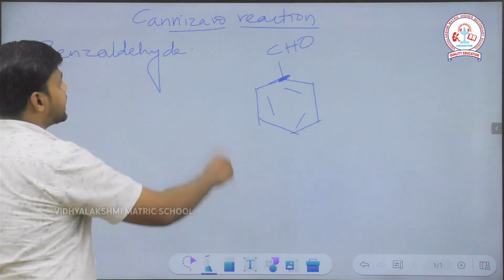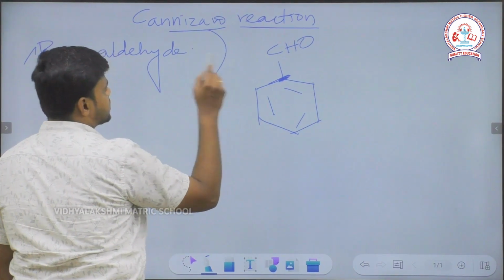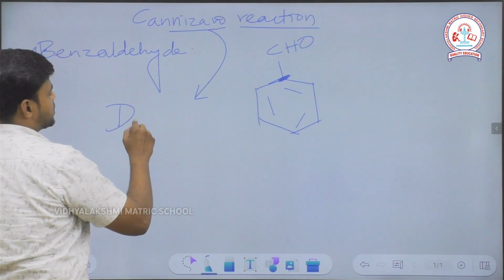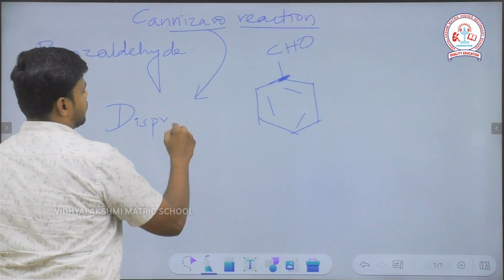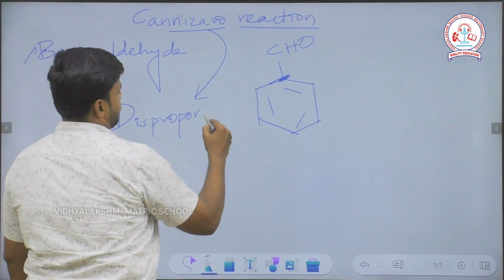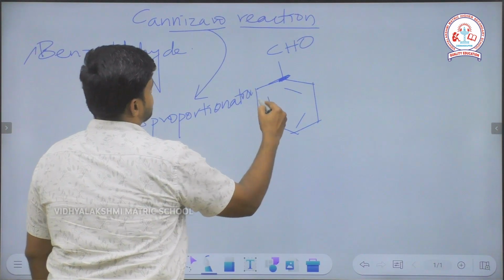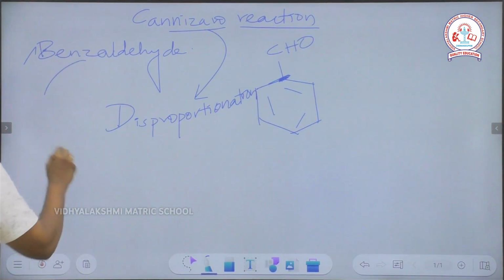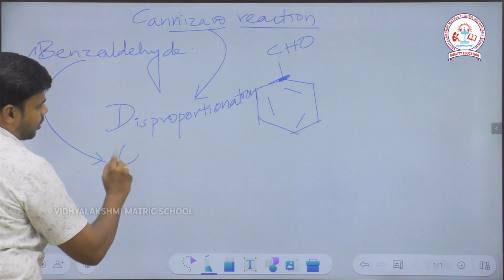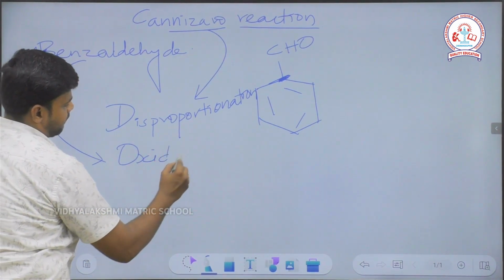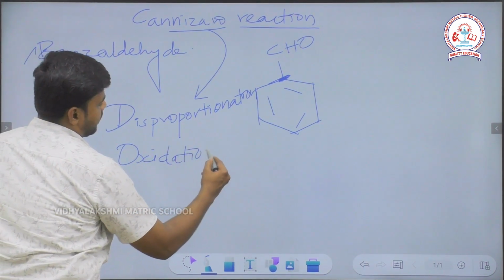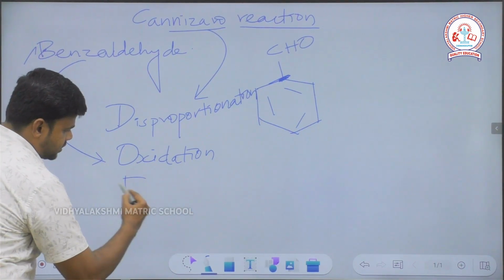Secondly, the Cannizzaro reaction is an example of a disproportionation reaction. When I say disproportionation reaction, the same compound, benzaldehyde, will undergo oxidation followed by reduction.